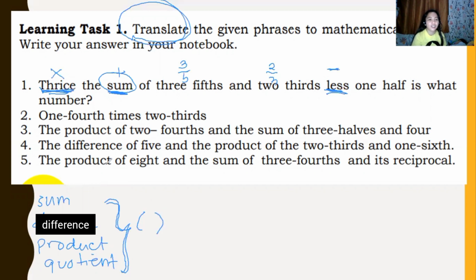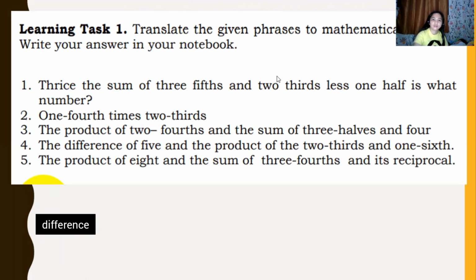So here, ulitin ko ha, kapag may nakita kayo nitong apat na to, ito yung mga terms na ginagamit dun sa mga sagot sa addition, sagot sa subtraction, answer in multiplication, and answer in division. So when you saw these words in a mathematical phrase, into a word phrases, that means we need to put it inside the parentheses.